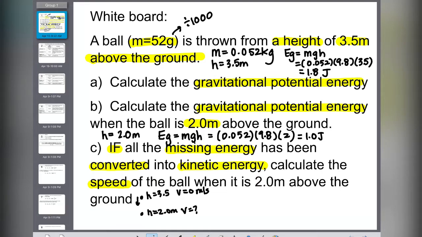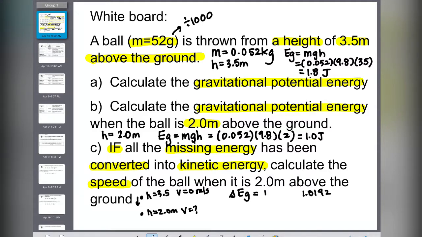At the beginning we got 1.8 and now I have 1.0. They're telling you that the missing energy, meaning the change in gravitational potential energy, has now all been converted to kinetic energy. So first of all I'm going to work out the change. I'm just going to use all the values, as you know I like to keep them as accurate as I can.